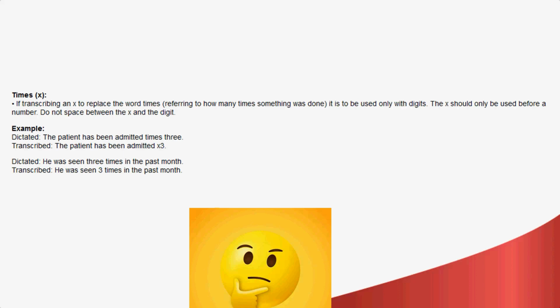So the word times is coming right before the number 3. So then we can use the X instead. The patient has been admitted x3, which just means times 3. But he was seen 3 times in the past month. The word times is coming after the number, so we write out the word times.